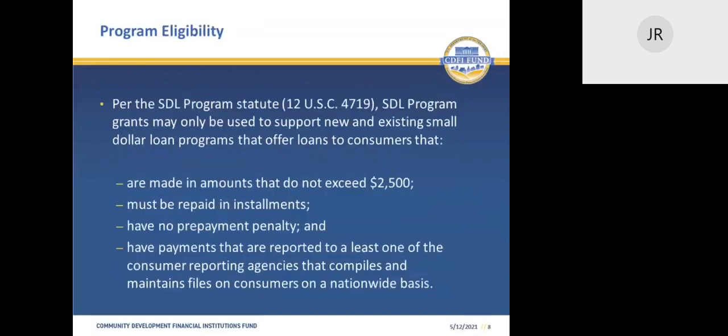Okay, and so our award will be used to support new or existing small dollar loan programs that offer loans to consumers that meet the criteria listed here. And when we were just speaking, I'm not quite sure when you joined us, but we were just speaking about how the statute further describes the eligible uses of the awards by applicant type.